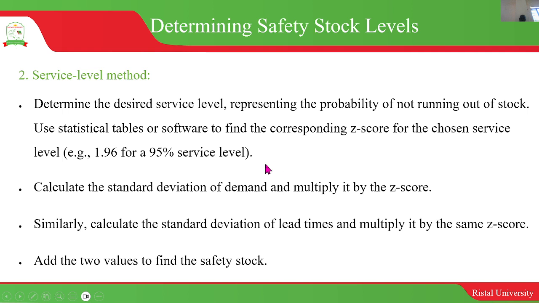We say that 1.96 standard deviations corresponds to the 95% confidence interval, where we can say that we are 95% sure of the likelihood of an event occurring. And then calculating the standard deviation of the demand and multiplying it by the Z-score. Similarly, also calculate the standard deviation of the lead time and multiply it by the same Z-score. And then we also add the two values to find the safety stock, just like we did in the past case.